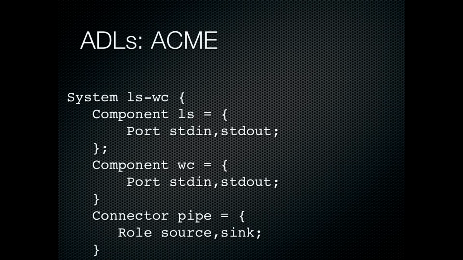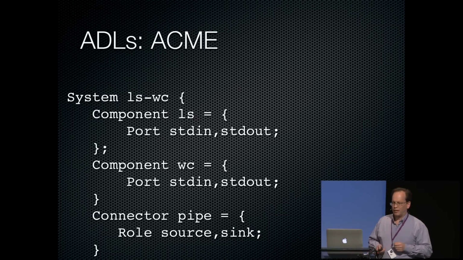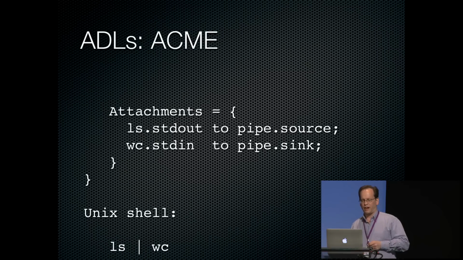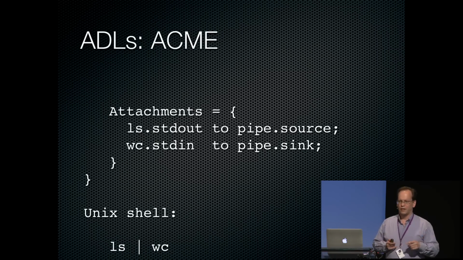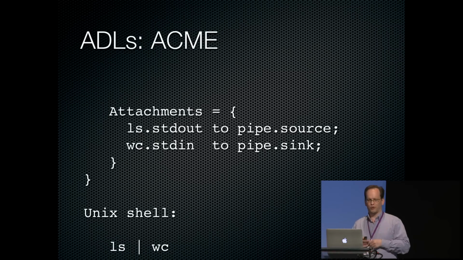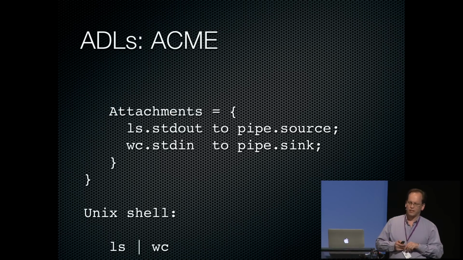That's a pipe. That has roles. We don't call them ports, we call them roles, whatever. The source and a sink, and then I have to specify how they're put together, right? So the standard out port of the ls component connects to the source of the pipe. The standard in of the word count component connects to the sink of the pipe.